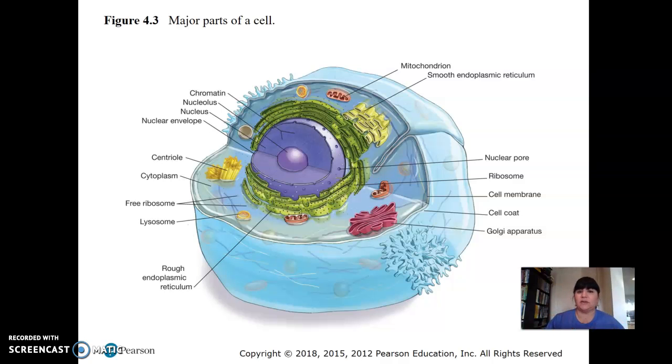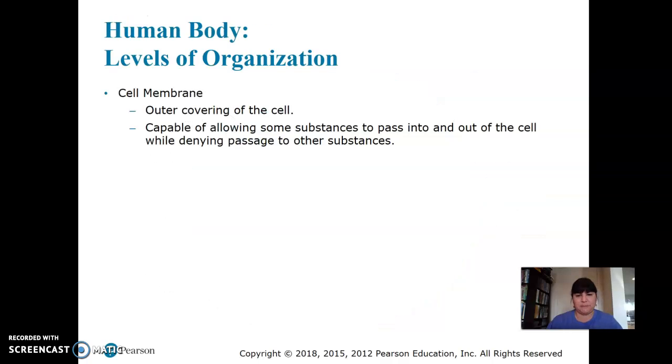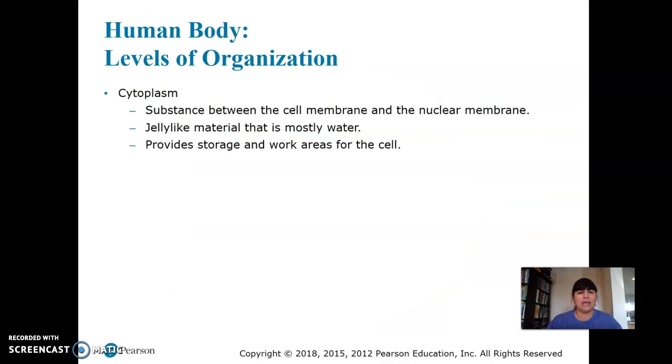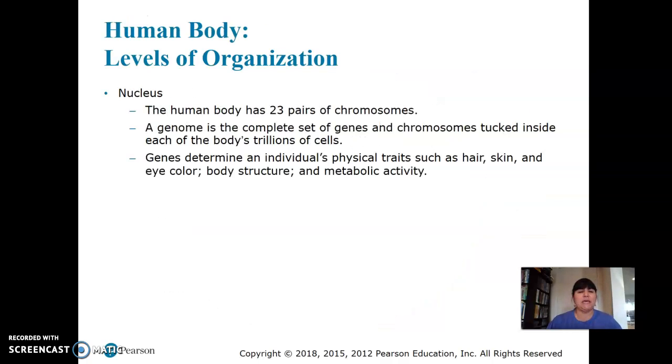Muscle working on the cellular level, connective tissue, so elastic connective tissue, right? Cartilage is working on the cellular level, cardiac cellular level, nervous system, there are nerve cells. So knowing the typical anatomy of a cell is important. Cell membrane, cytoplasm, nucleus, right?